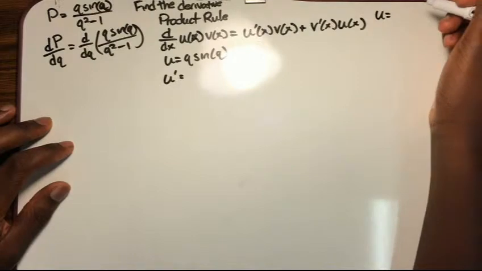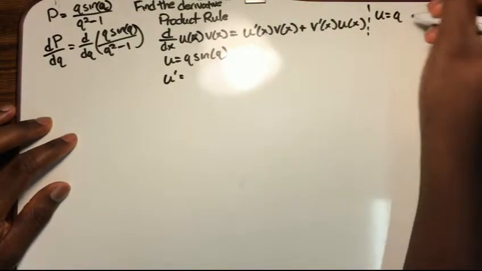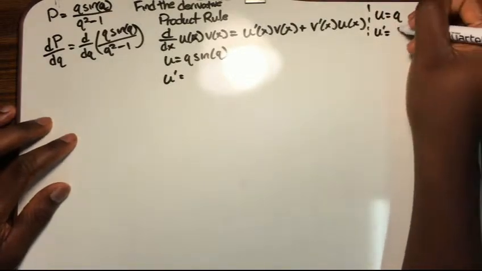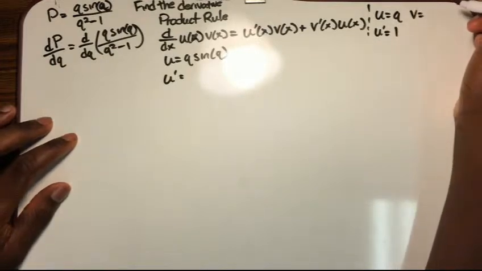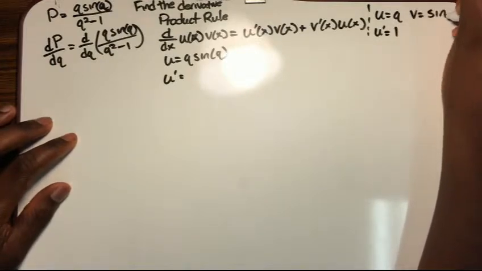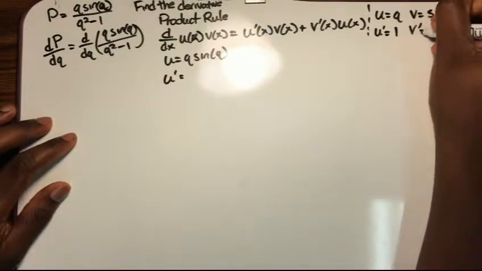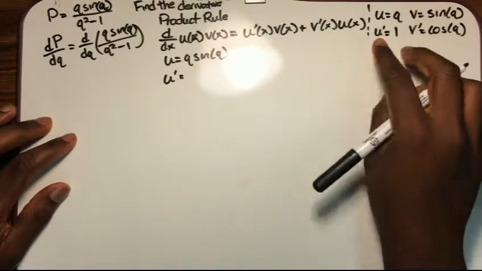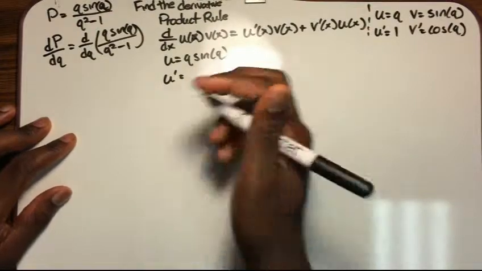So we say u is equal to q, u prime is equal to 1. v will thus equal sine of q, and v prime equal to cosine of q.